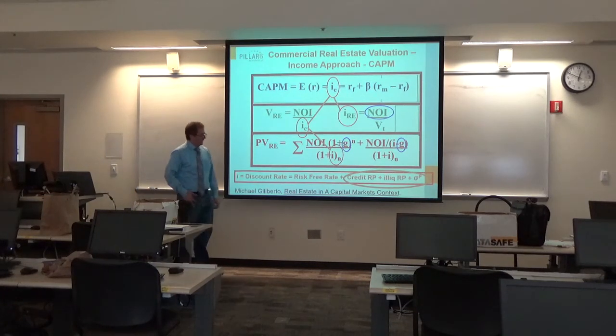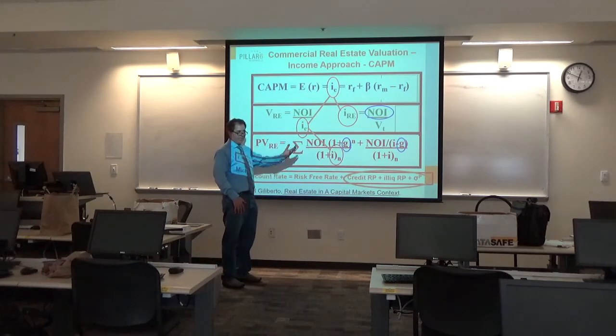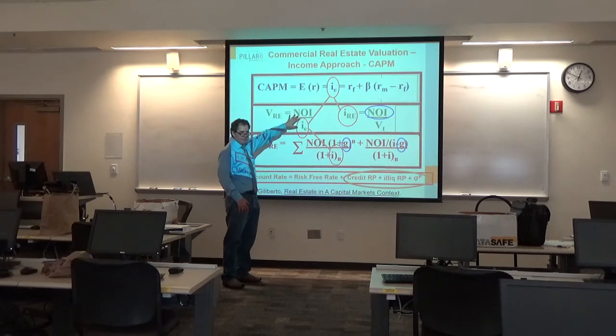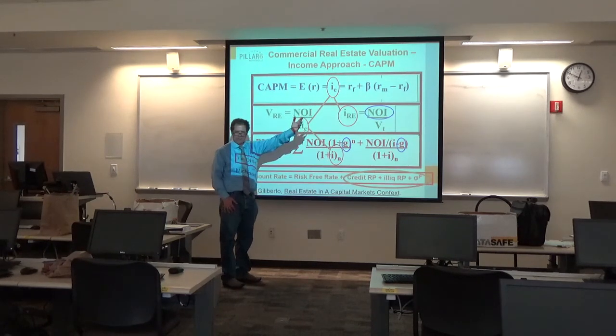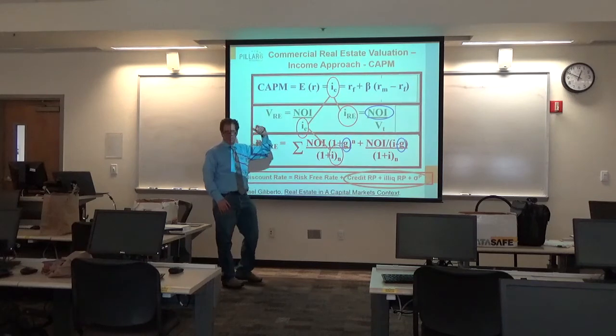So my observation was, you take cap M, and that becomes the discount rate. You can take earnings per share, EBITDA per share, net operating income, whatever the cash flow metric is, and divide by the discount rate to get the intrinsic value.